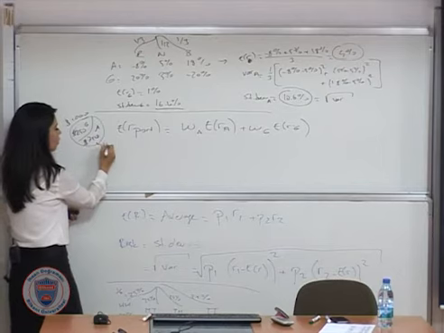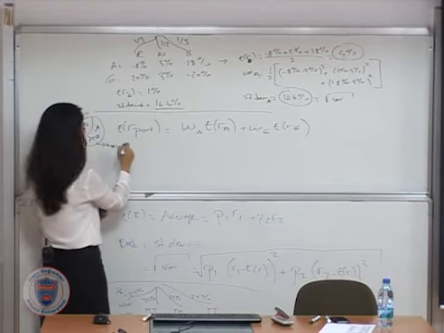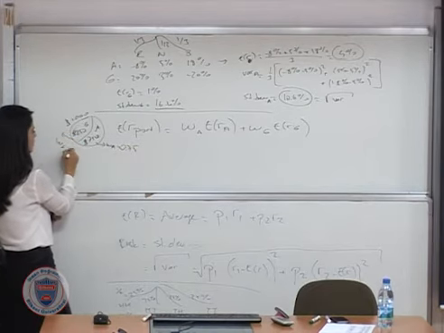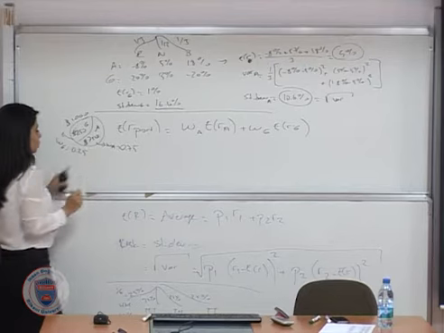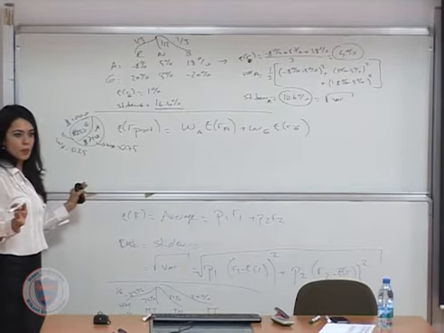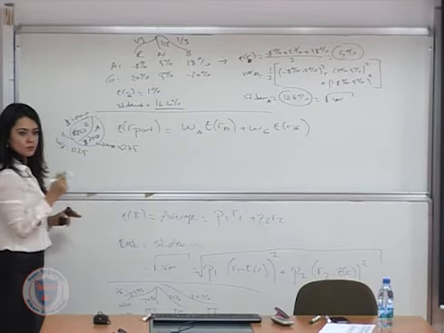So the weight of the automobile stock in your portfolio is 0.75 and the weight of the gold stock is 0.25. That's how you distribute your money. Of course, the weights total should be equal to 1.